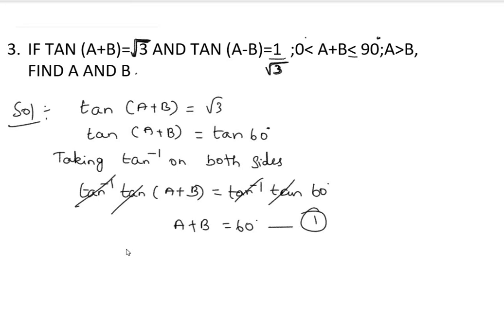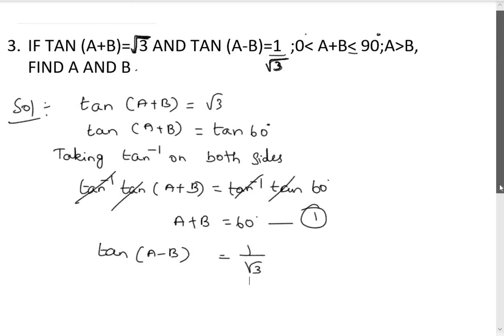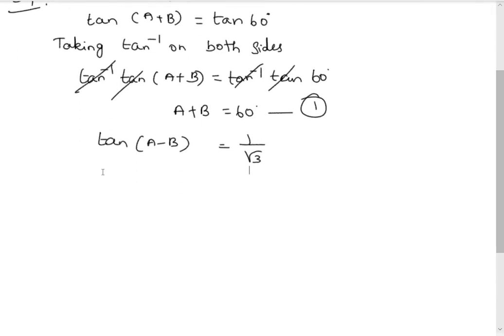This is my first equation. And the next condition is given: tan A minus B is equal to 1 by root 3. Again the same thing, I am writing in terms of tan, 1 by root 3 as tan 30 degree.